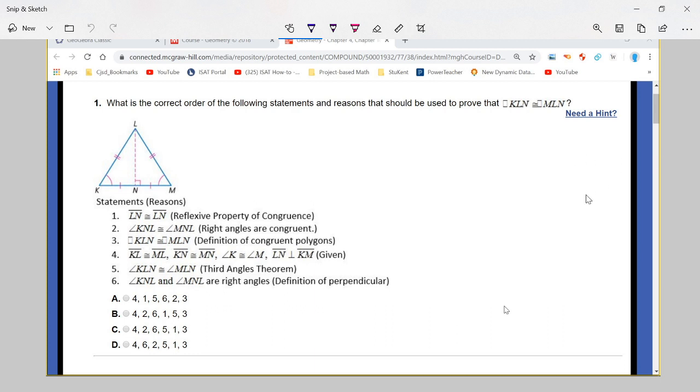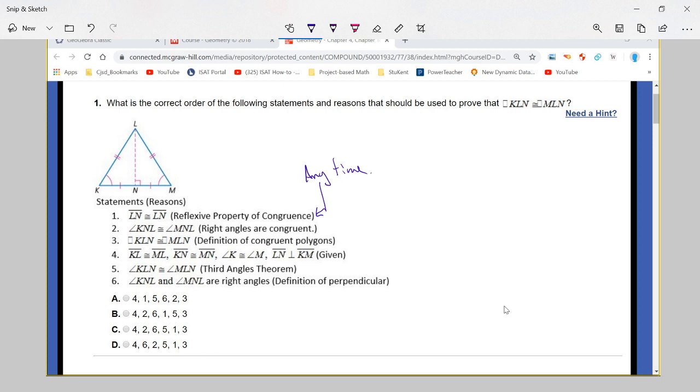Well, they're all going to be true, but let's write out whether or not they depend on something else. Can I just state anytime I want that LN is congruent to LN? My answer is yes, this can be done anytime because it's just a property of congruence. So it could be the first thing I state, or it could be the last thing I state.